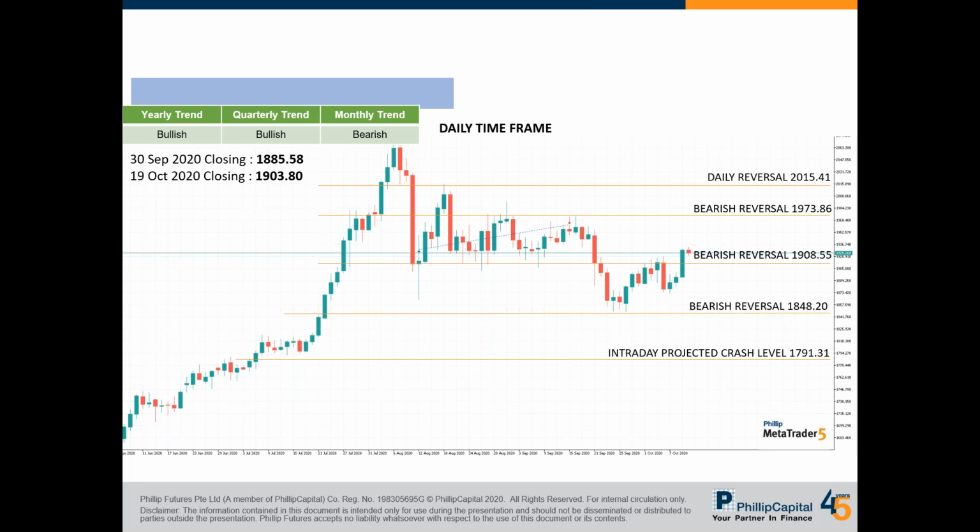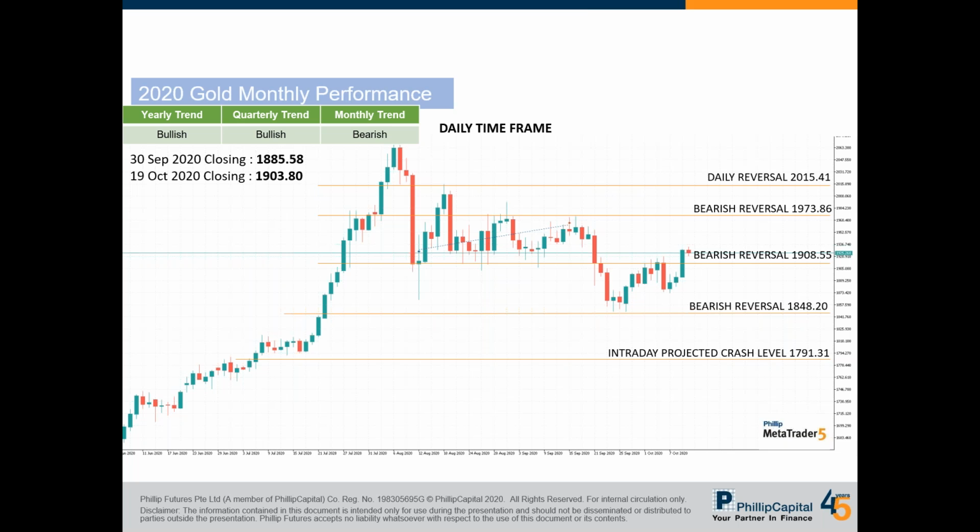So I will always say that when you want to trade in markets like this that are very fluid with a lot of volatility, you need someone who can really guide you and recommend the possible cut loss levels. Okay.